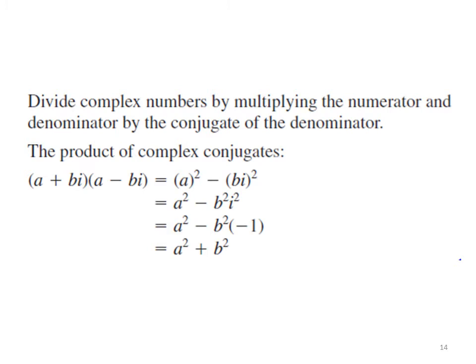Now you get b squared i squared. i squared can be replaced by minus 1, and minus 1 times minus b squared will be plus b squared. The product of a complex number with its conjugate is always equal to the square of the real part plus the square of the imaginary part. So the product here is actually a real number.